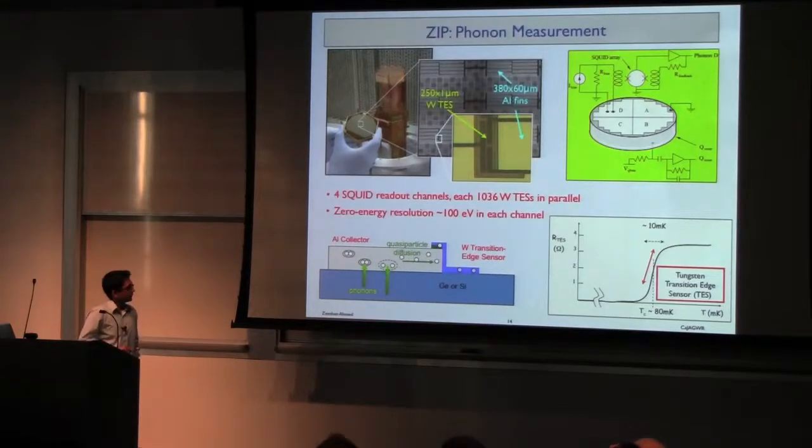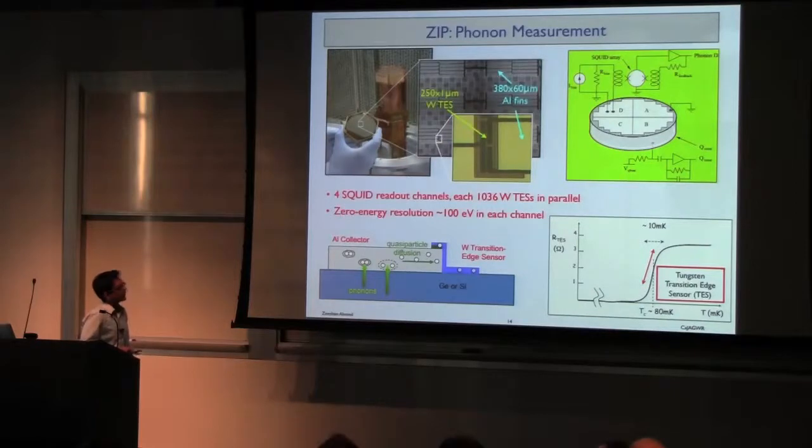These quasiparticles diffuse and enter a transition edge sensor, which is rigged up so that it sits on its superconducting transition edge. When you have energy dumped in here, you change the resistance of the system. You're riding this curve, and by changing the temperature, you're changing the resistance.